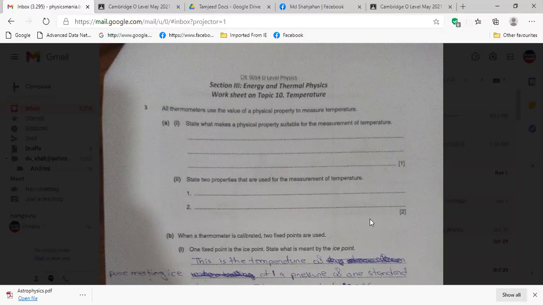Then if your temperature increases 4 degrees Celsius, it will be double. Like for 1 degree Celsius, if the height increases 1 centimeter, then for 2 degrees Celsius the height increase will be 2 centimeter. This way, it will go directly proportional. This is called linearity. Is it clear now? So you write linearity.